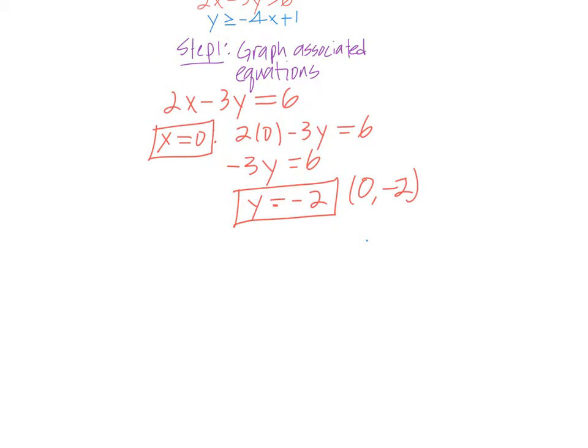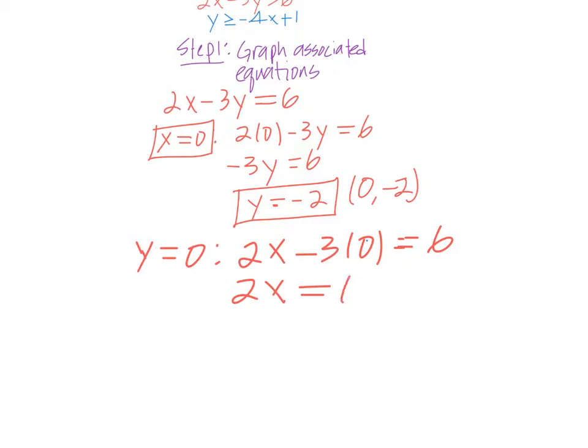So we set y equal to 0 and solve for x. So we have 2x minus 3y, which is now 0, equal to 6. So 2x equals 6, divide both sides by 2, and I end up with x equals 3. That gives me the x-intercept (3, 0).